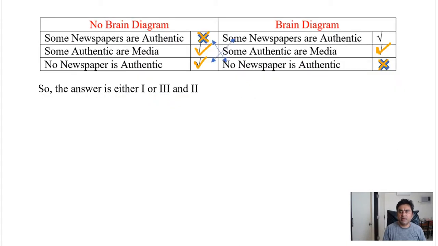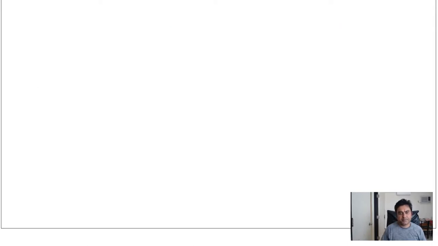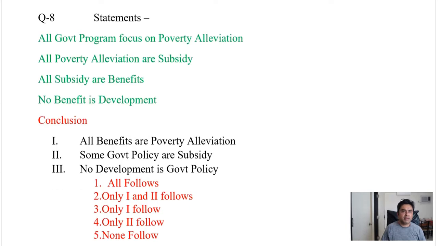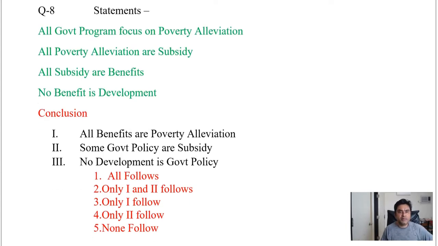Next statement. All government programs focus on poverty alleviation. All poverty alleviation are subsidies. All subsidies are benefits, and no benefit is development. So there are four premises and three conclusions given, and in conclusion number 3 the word no is given.